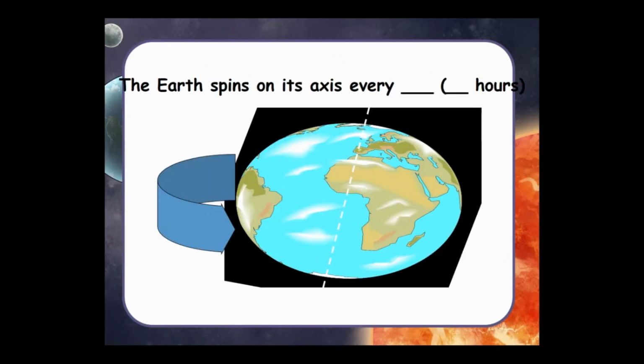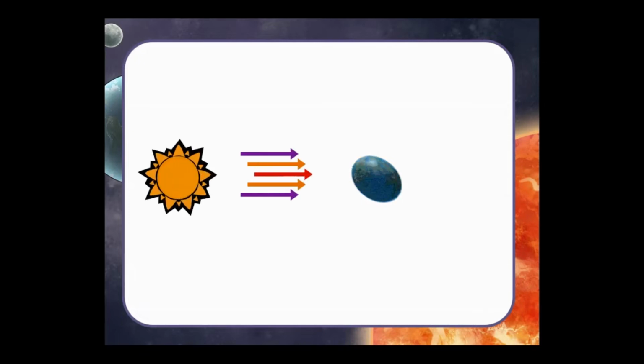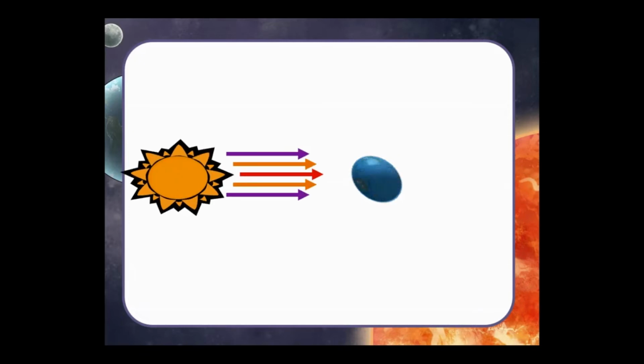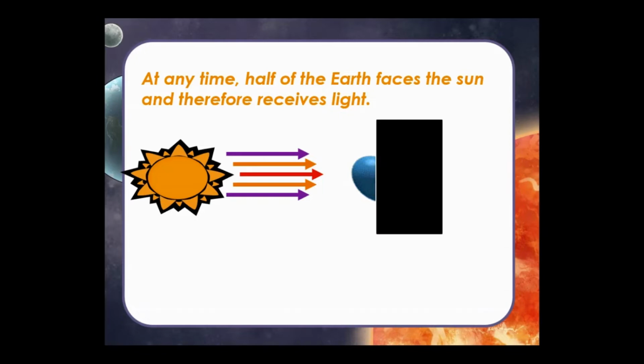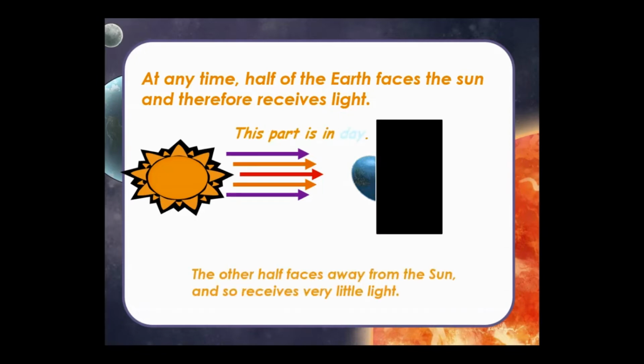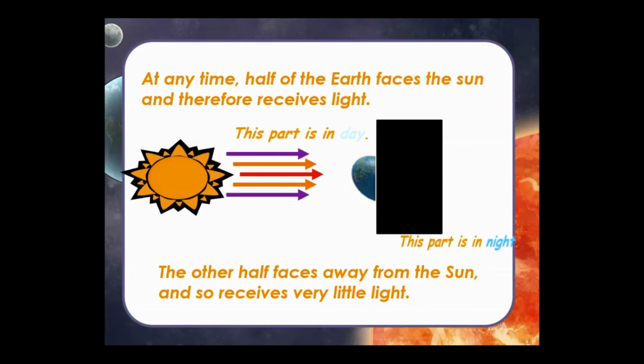Earth spins on its axis every 24 hours or 1 day. This is the rotation around its axis. You'll find that the Sun is giving its sun rays. You'll find that half of the Earth will be night, the other half will be day.